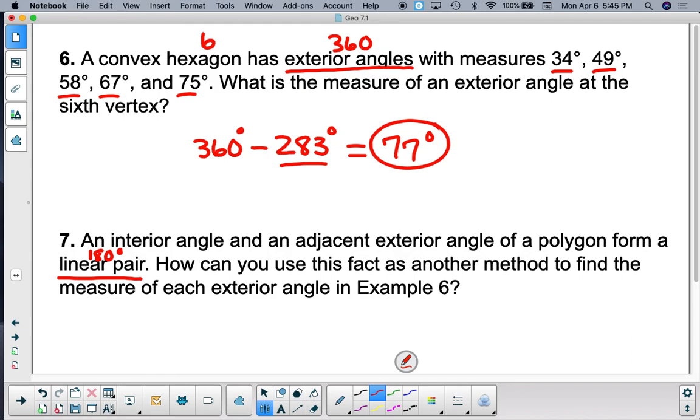So in example 6, if you knew the exterior angles, you could subtract from 180 to find the interior, or vice versa. All right, so that's what we talked about earlier, that they're supplementary, so you can use it for that. Okay.